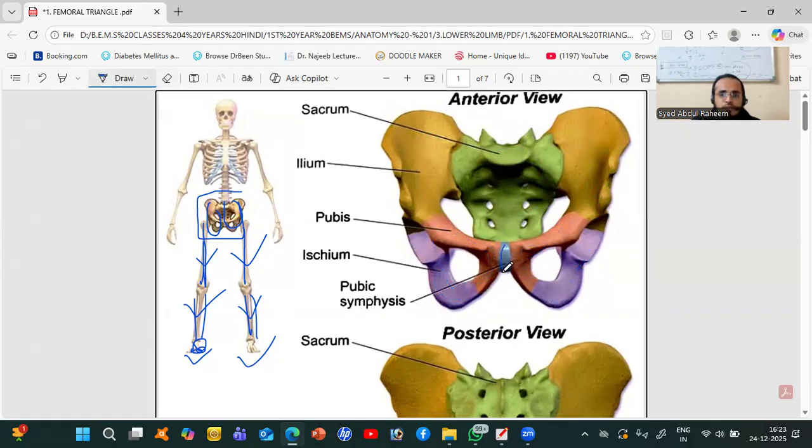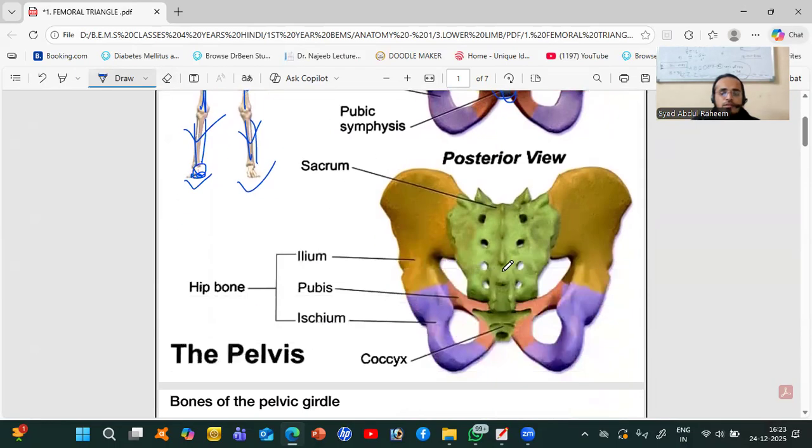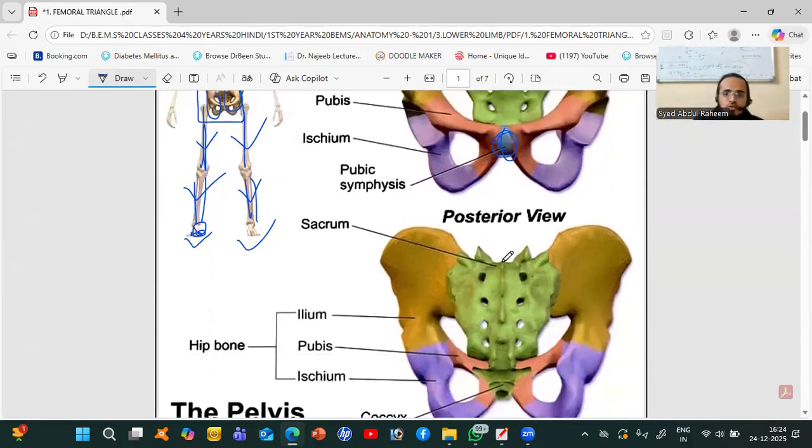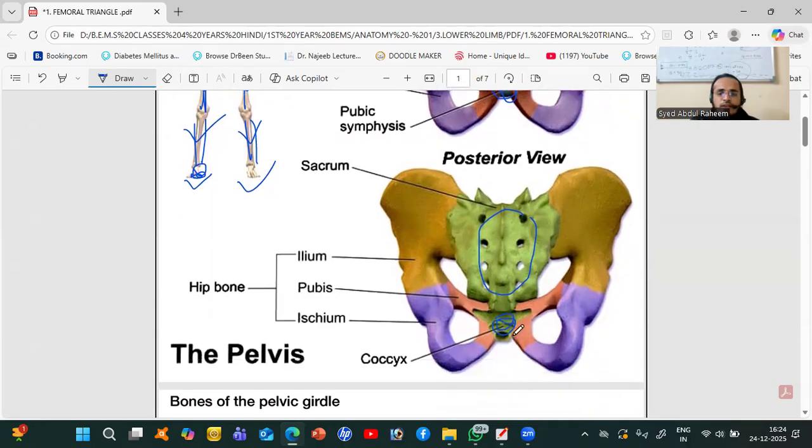This is the pubic symphysis. If you look from backward, posterior, this is the sacral bone, and this is the coccyx or tailbone. Ilium, pubic, and ischium are the three main bones of the hip bone.